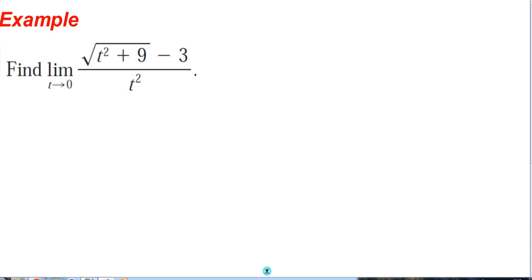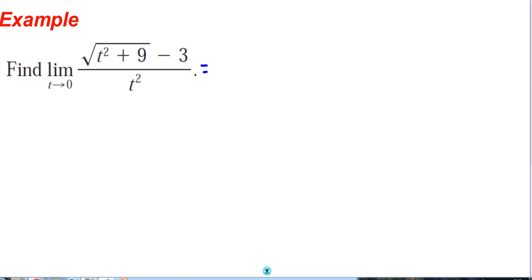Example 3. We want to find the limit as t approaches 0 of the square root of t squared plus 9 minus 3 divided by t squared. This we can simplify in a way that the denominator will not be 0 also.